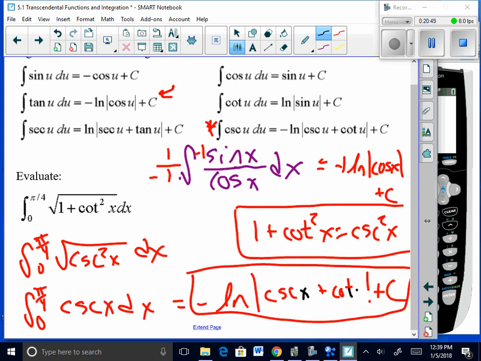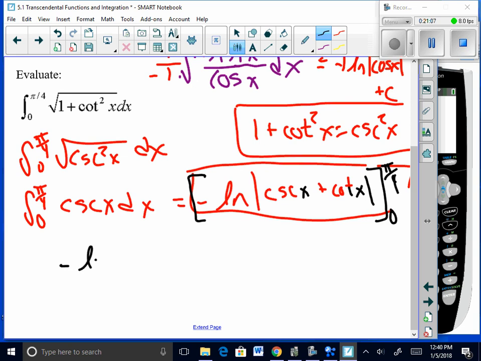Okay, and then instead of doing plus c, since it was a definite integral, I'm actually not done. Instead of going plus c, I need to evaluate it from 0 to pi fourths.